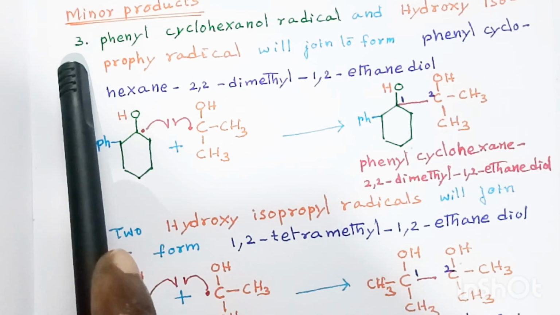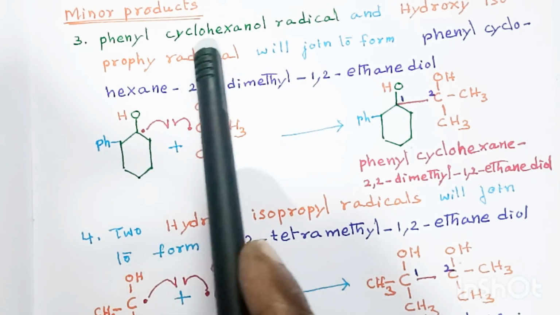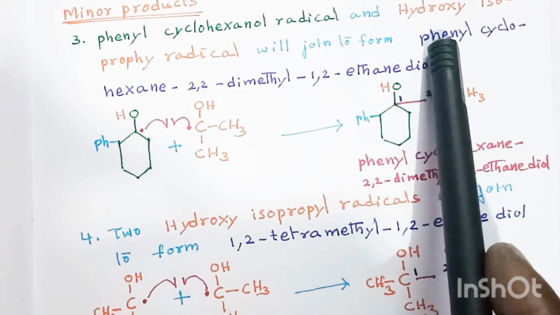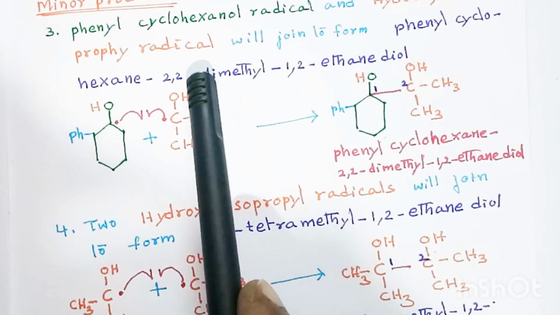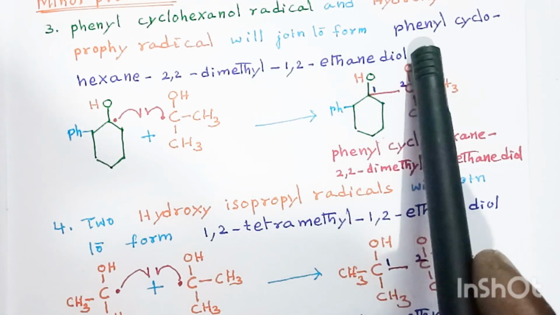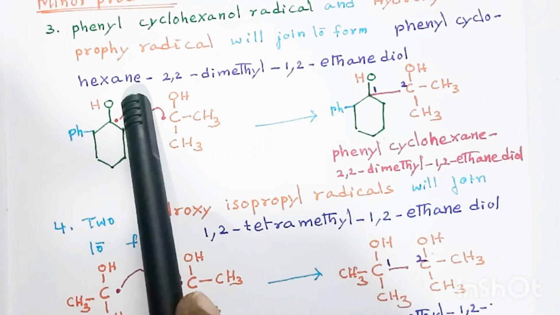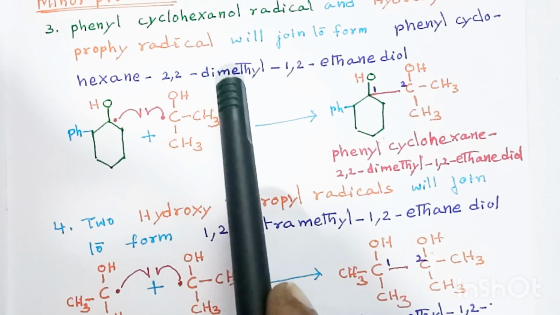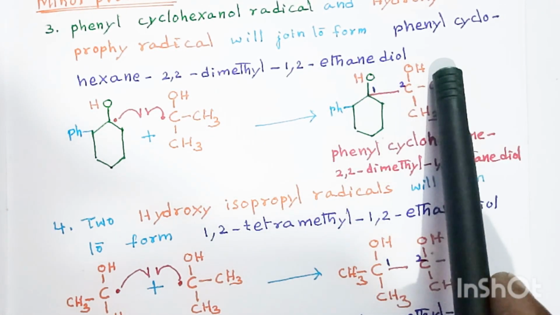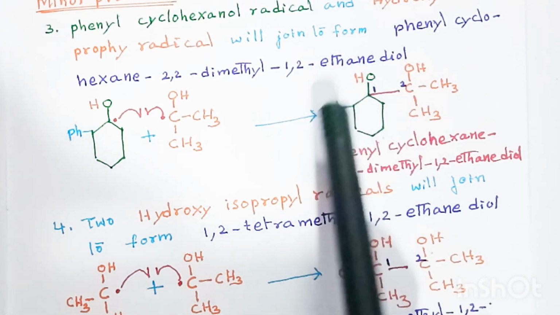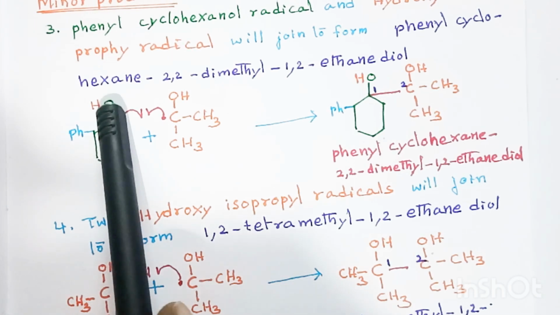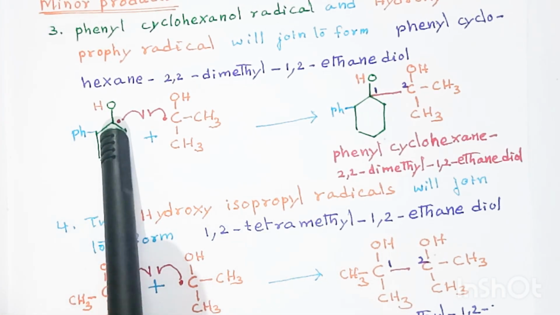So the third reaction, phenyl cyclohexanol radical and hydroxy isopropyl radical will join to form phenyl cyclohexane 2,2-dimethyl 1,2-ethane-diol. What does it mean? Let's see. This is phenyl cyclohexanol radical. We know that.